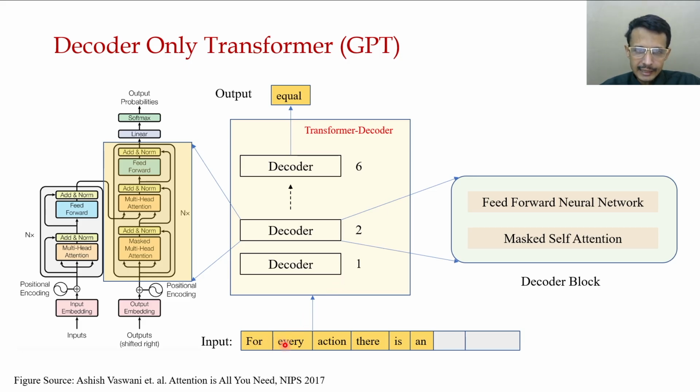It takes a part of the sentence, for example, for every action there is, and it is expected that this transformer decoder model will generate the word equal. That is the target. So this is the way it is being trained.